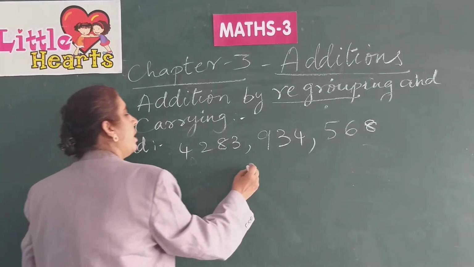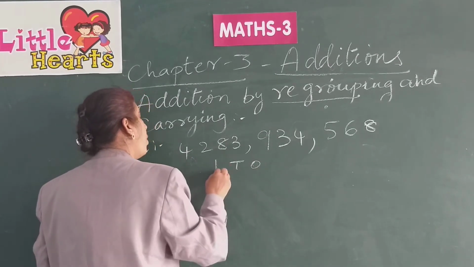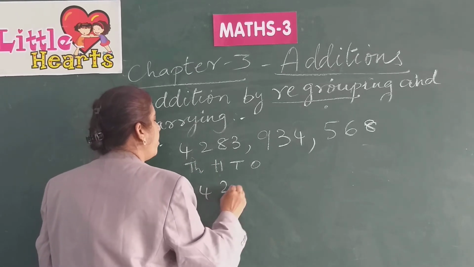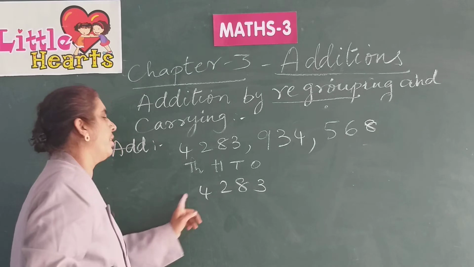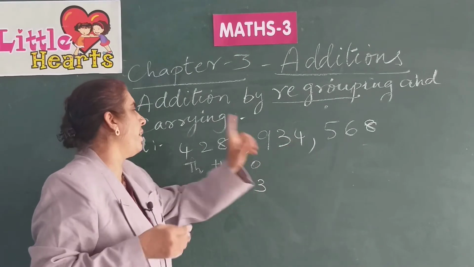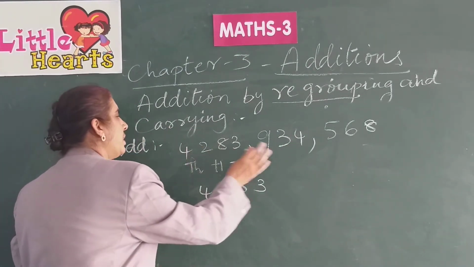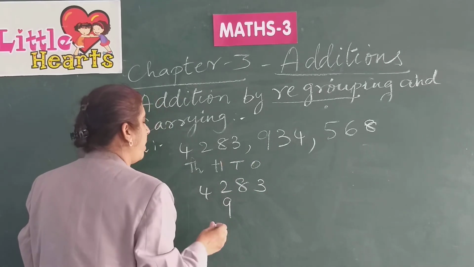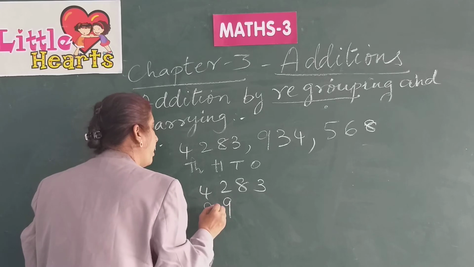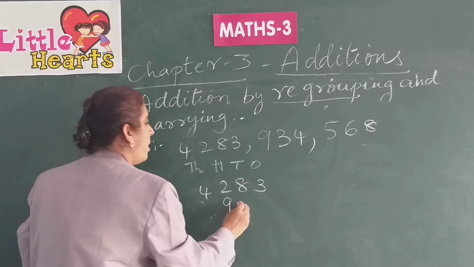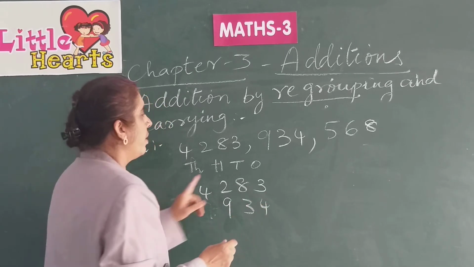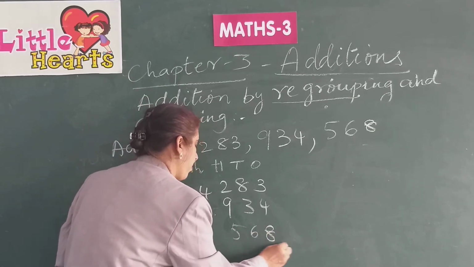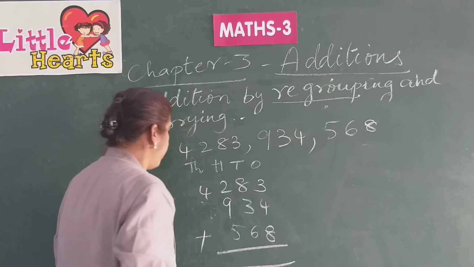Now we shall arrange in the columns and then add. 4,283 according to the places. 934, it has 3 digits, so start writing from the hundreds place only. Don't write from here, it is wrong. 934 and 568. Let us add them.